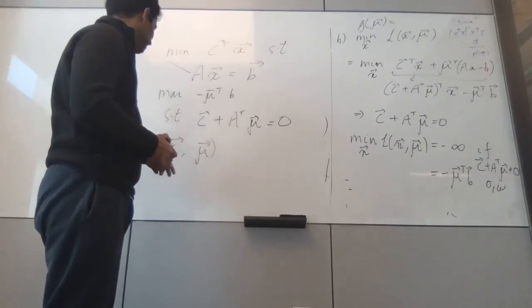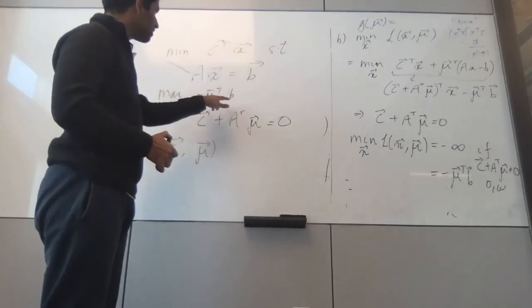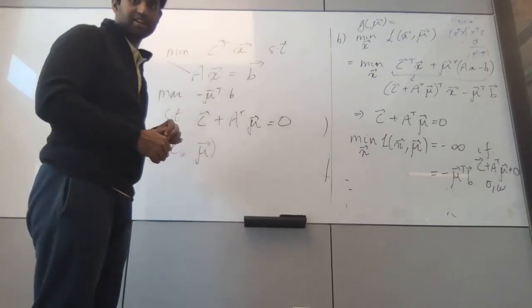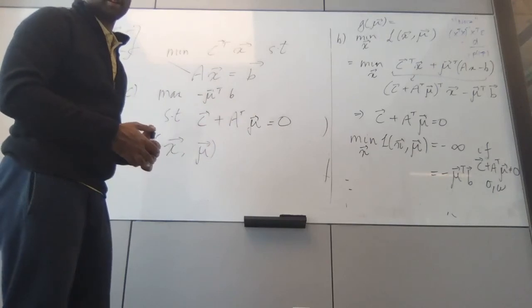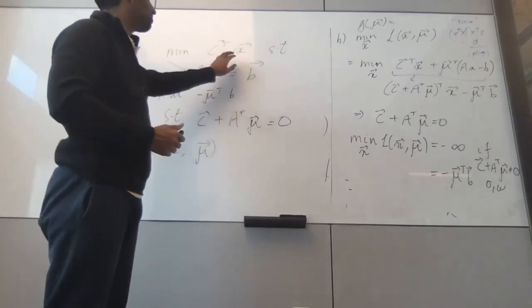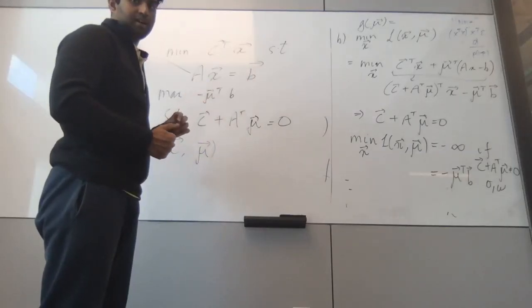So if I'm in a situation where the value of C transpose X was equal to the value of minus mu transpose B, then I can basically stop my algorithm, right? Because I found a point where the primal value is equal to the dual value.